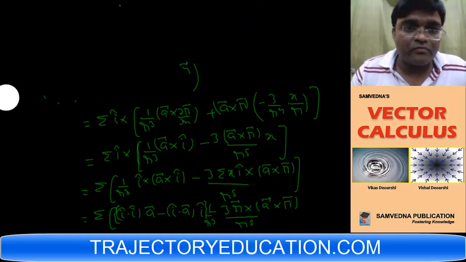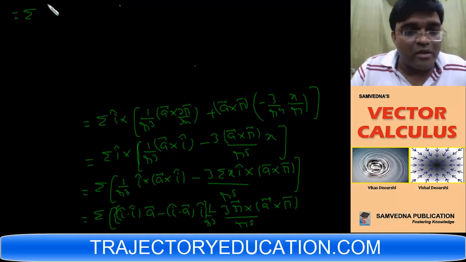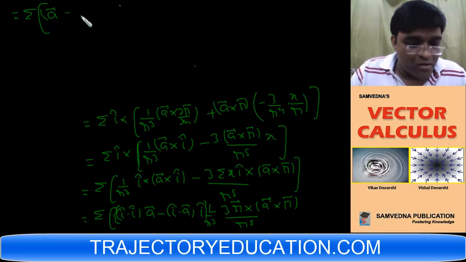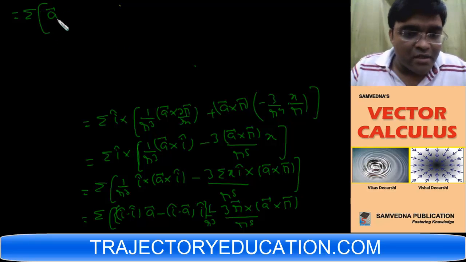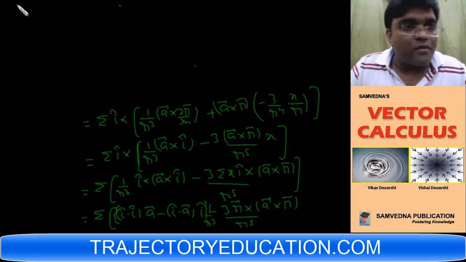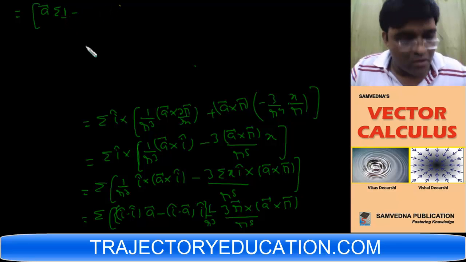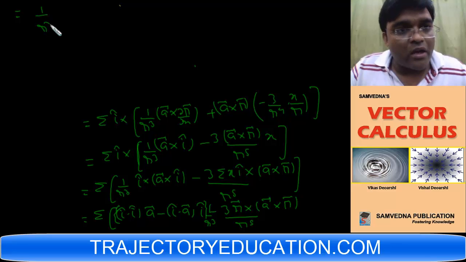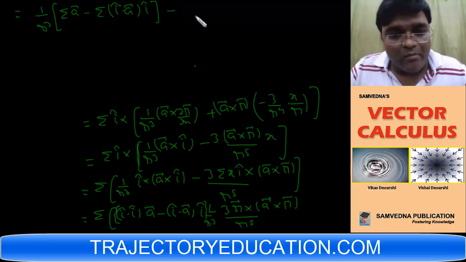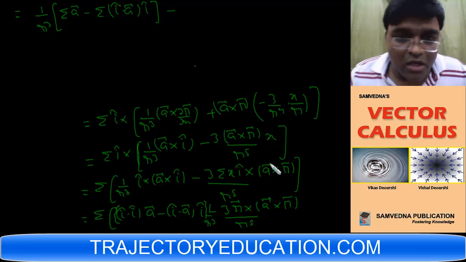So finally what we get is, this will be Σ, this will be A minus, this is A, or I take sigma inside. I have committed some mistake.